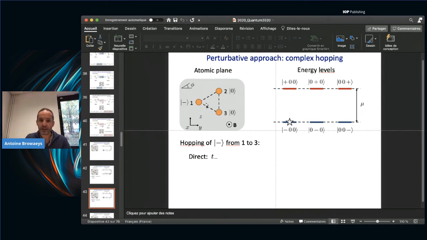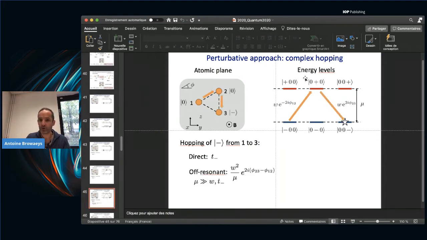But the second thing that can also happen is that I move from 1 to 3 through site 2. And in this case, I can have a flip-flop where the internal state of the atom is exchanged from minus to plus. This, of course, comes at an energy cost, which is mu, and therefore it's an off-resonant process. On each of these processes, I pick up a phase factor, which depends on the phases phi 1,2 and phi 2,3 with respect to any arbitrary axis.